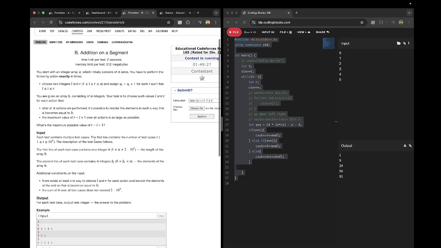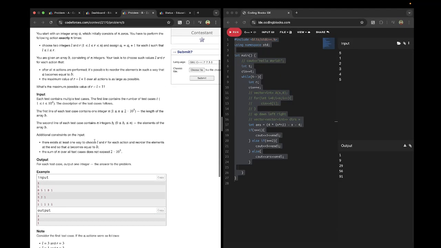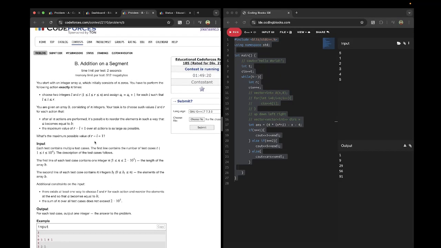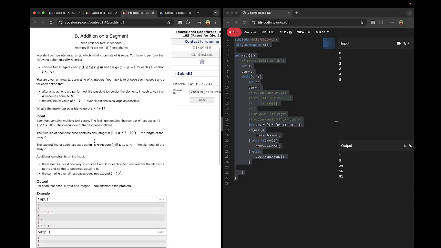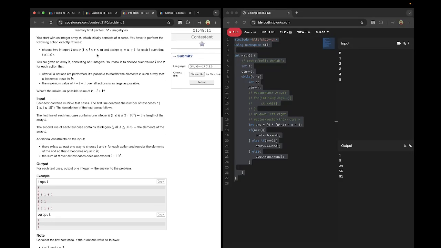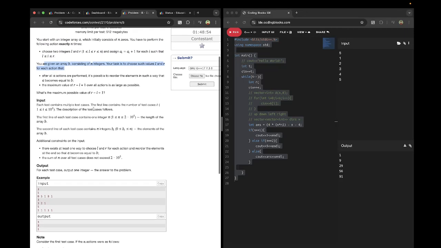Moving on to the next question. You start with an integer array A, which initially consists of n zeros. You have to perform the following action exactly n times. Choose left and right. Assign A of i to be A of i plus 1 for each i. What? Just increment by 1 a range. And you're given an array B consisting of n integers.